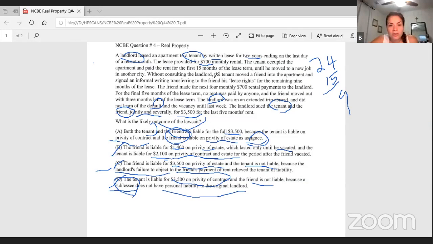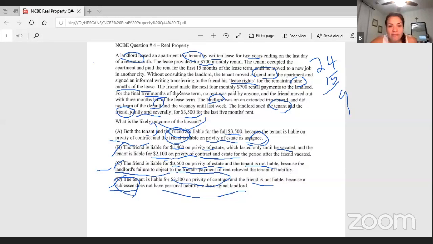Without consulting the landlord, the tenant moved a friend into the apartment and signed an informal writing transferring to the friend his lease rights for the remaining 9 months of the lease. The friend made the next 4 monthly $700 rental payments to the landlord.